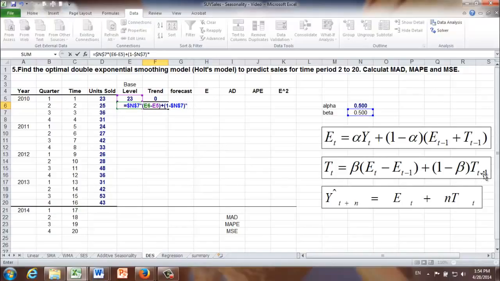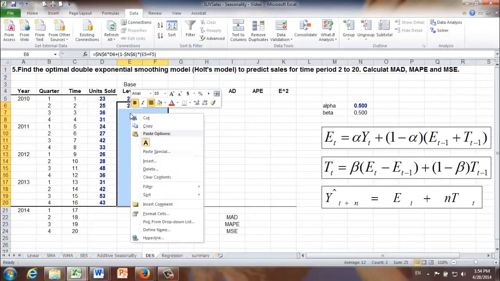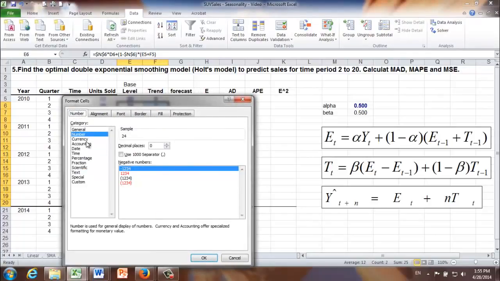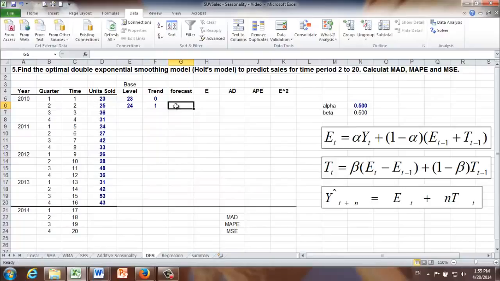Little t is 2, so little t minus 1 is 1. Here we are looking for the trend from time period 1, right here. Return. Similarly, let's make sure those numbers are integers. Okay, indeed, we keep 0 decimal places. We're good to go.